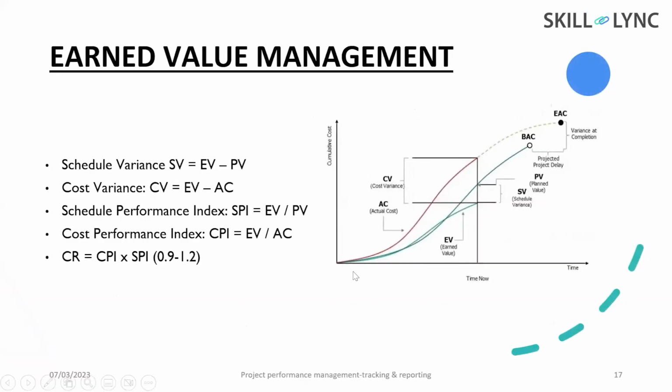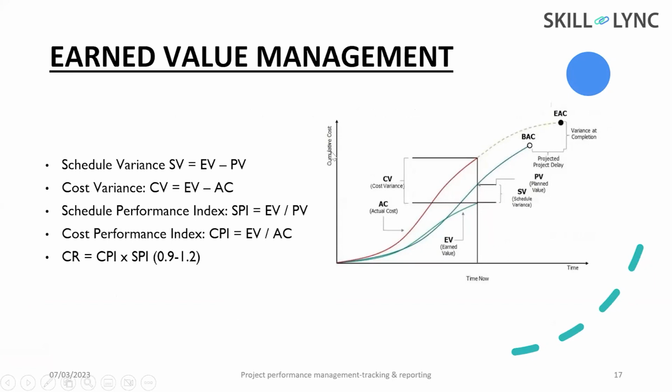So what we are doing here is practicing some methodologies for tracking the progress of a project. How can we track the progress of a project? We can track it with respect to time, with respect to money, and with respect to the scope or goal of the project. To do that, we practice a method known as earned value management.